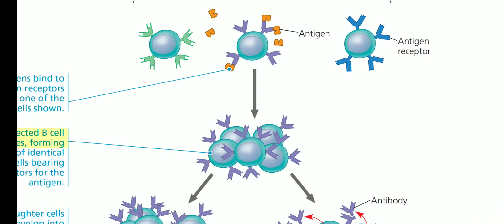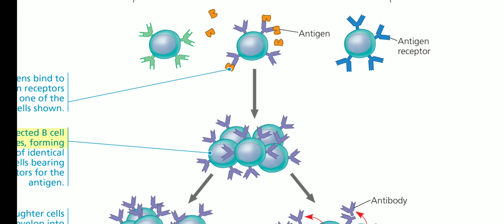As I showed at the very first, the difference between innate and adaptive: the adaptive is very specific, with a very large range of receptors for a very small specific range of pathogens. That's why it has multiple types of antigen receptors.